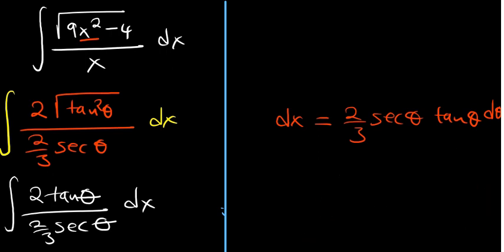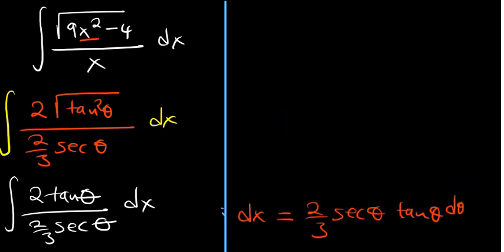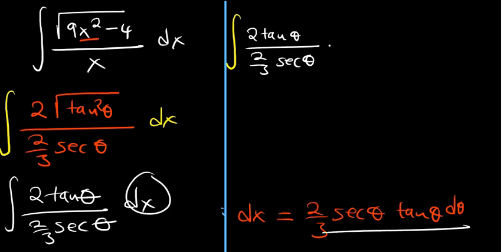So we can now substitute that. We can now substitute this, move it a bit down. So we're going to have the integral of, so we have 2 tan theta over 2 over 3 secant of theta, and then now whatever is dx, we put this. So we have 2 over 3 secant of theta tangent of theta, and then we now have the theta there. Okay, so we can see that secant of theta can basically divide by secant of theta, right?